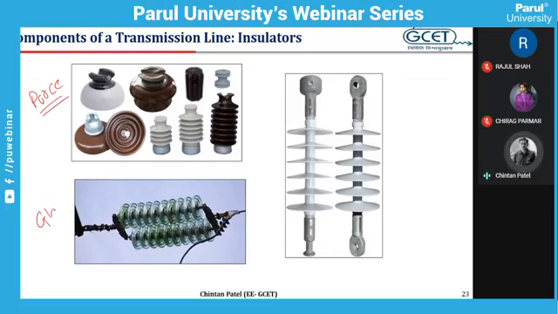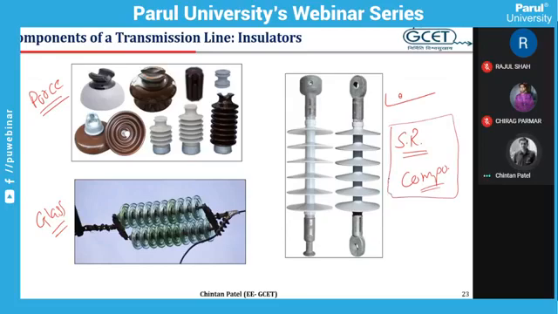This is a glass insulator, and the last photograph is of either silicon rubber or composite insulator, which are very new, and they have been used for 30-35 years in overhead transmission lines. So all the insulators have their own advantages and disadvantages, but the silicon rubber insulator has some more advantages compared to porcelain and glass.